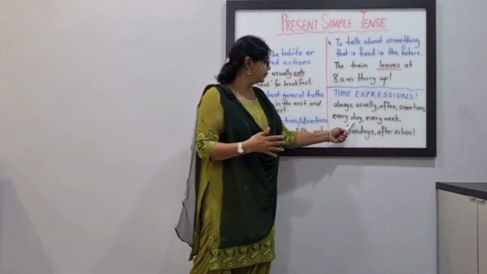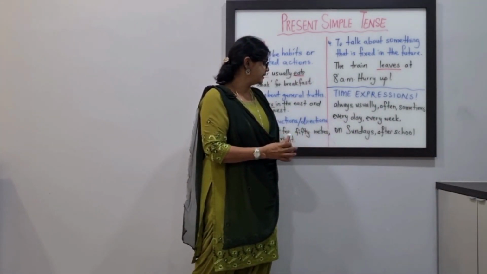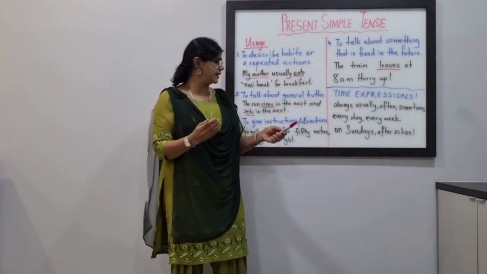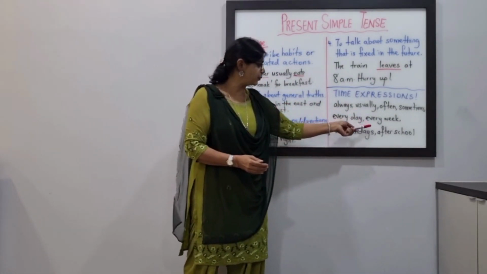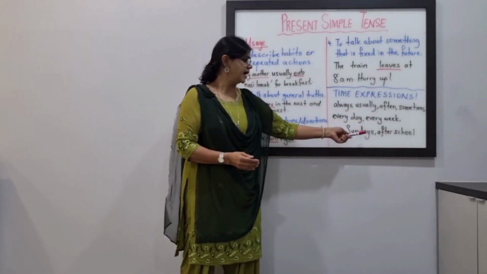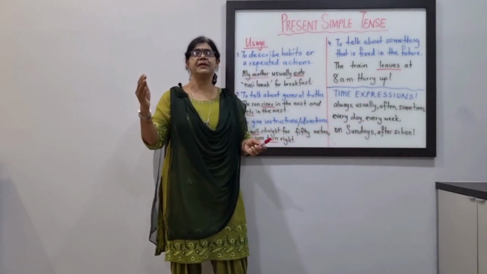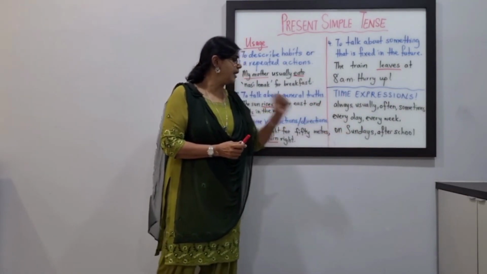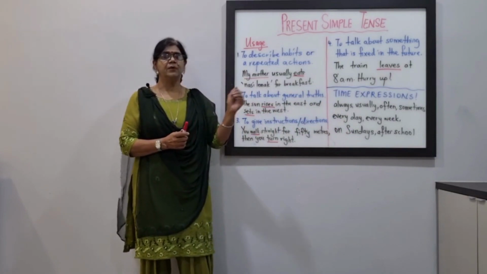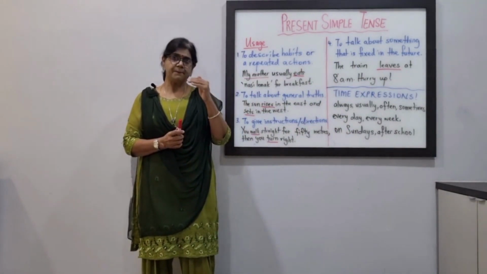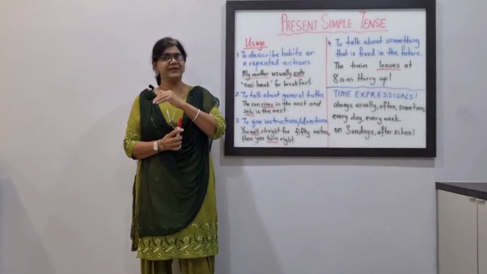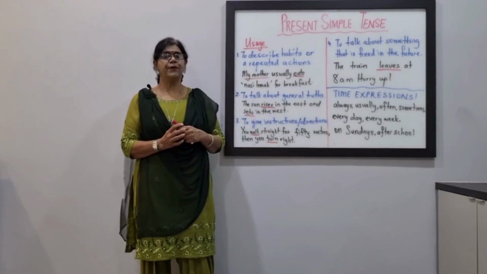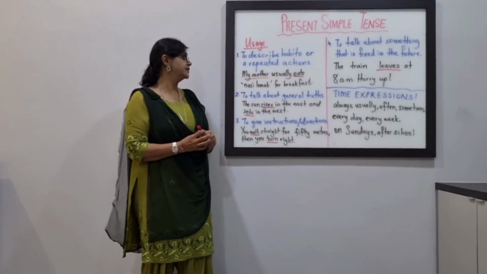So you must use present simple tense. Always, usually, often, sometimes, every day, every week, on Sundays, after school. Every day this is happening. So these time expressions will help you to decide the verbs, whether it should be in present tense or otherwise. So, these are the helping time expressions for present simple tense.